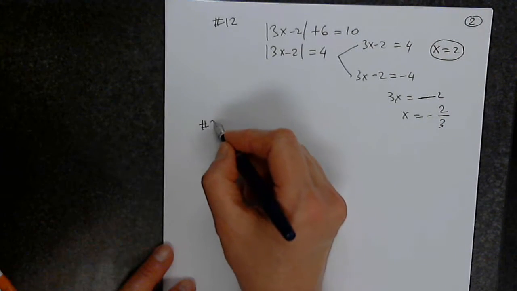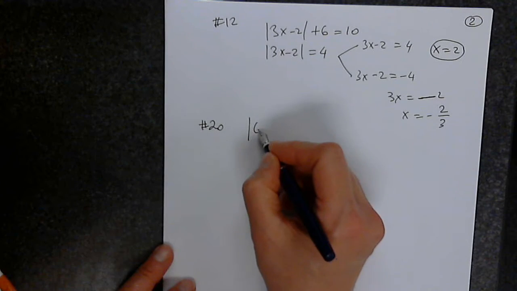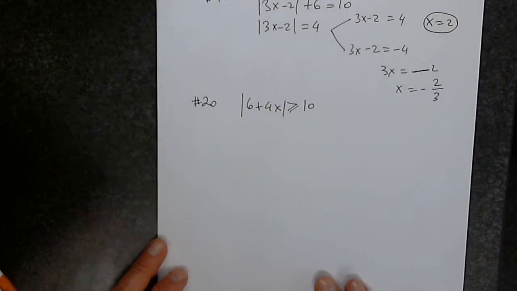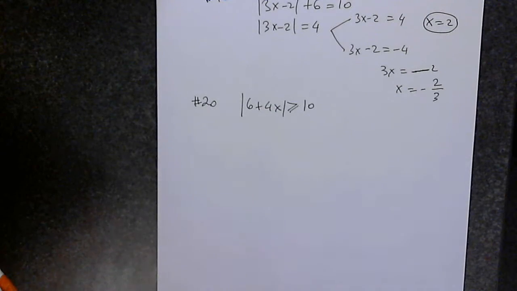Problem 20. The absolute value of 6 plus 4x is greater than or equal to 10. Let's work on this.